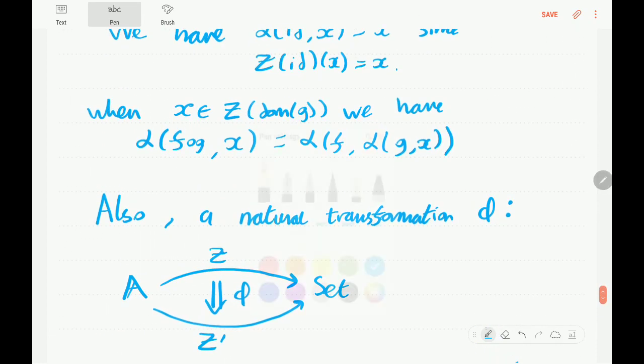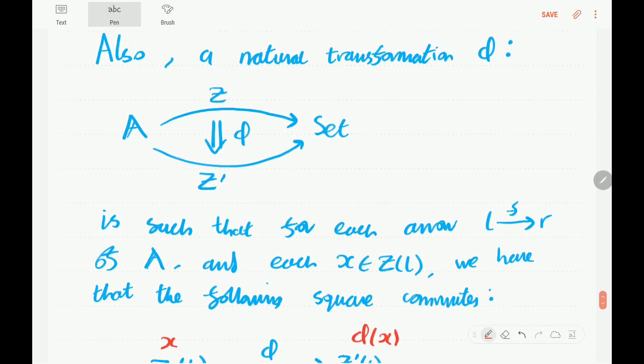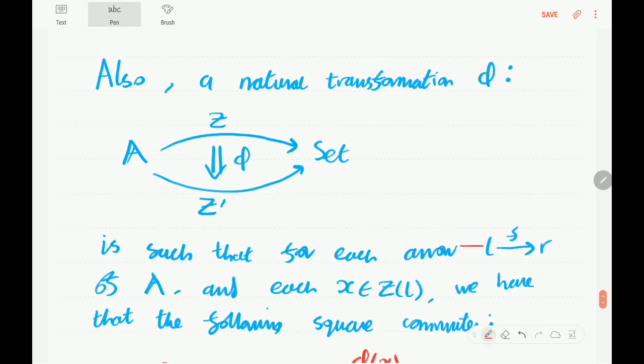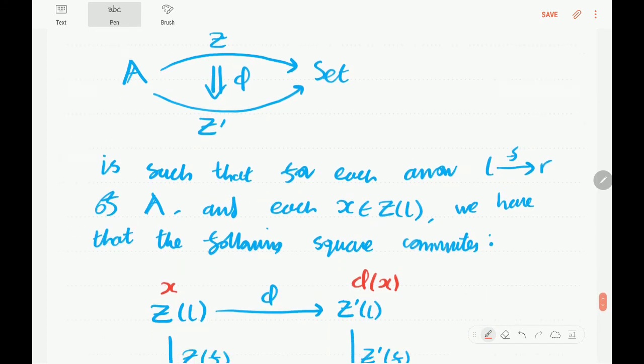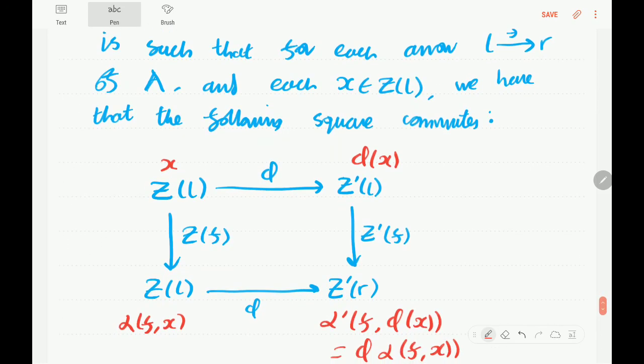Okay, so again, thinking about set, a natural transformation phi from this functor z from A to set to this functor z dash from A to set is going to be such that for each arrow f from L to R of A, and for each x with an internal type L, we have that this square commutes.